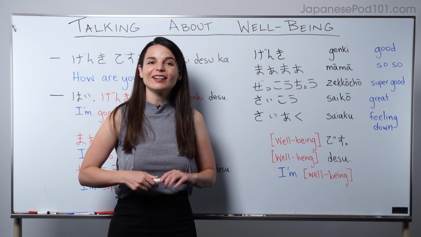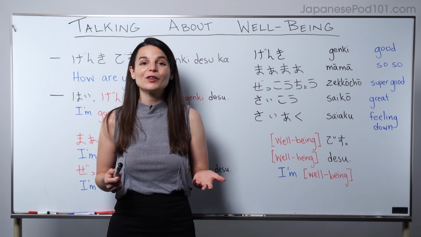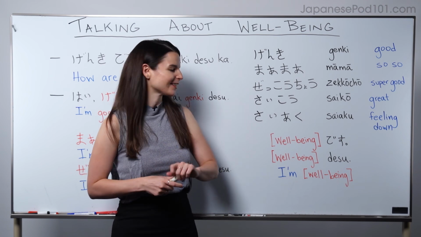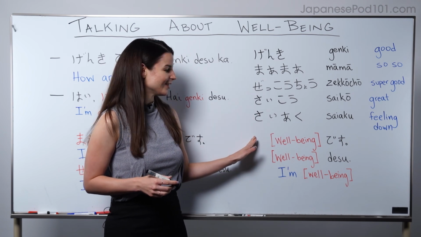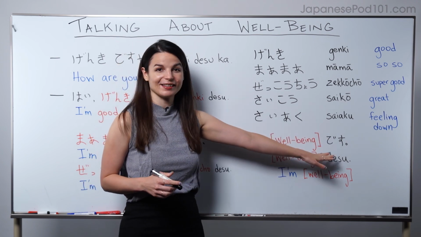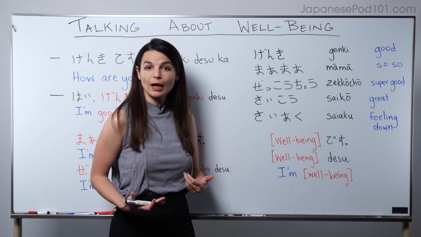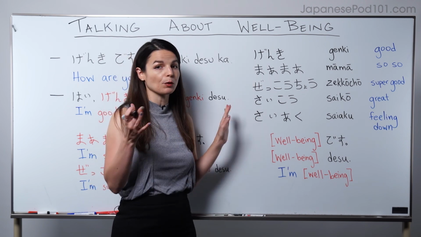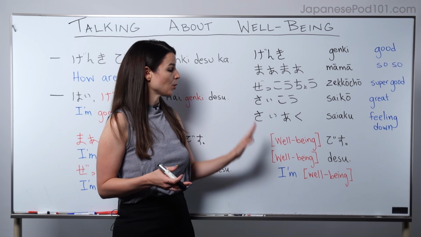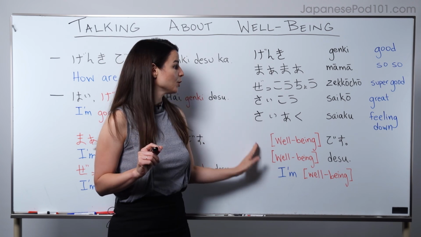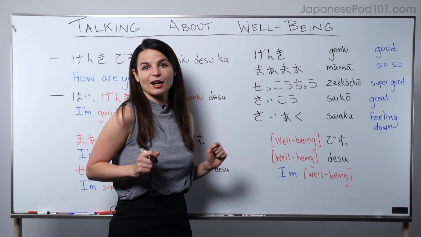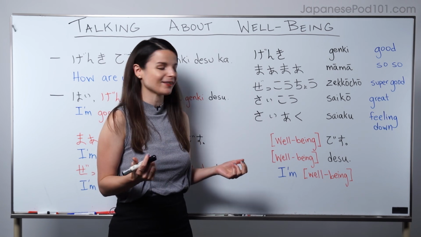Okay, now let's take a look at the sentence pattern that you can use to create your own sentences. Simply follow this pattern. Well-being, desu. So, here in the well-being part, choose one of the vocabulary words that reflects your well-being. For example, you could put genki desu, or you could put saikou desu, I'm doing great, or I'm doing super awesome.